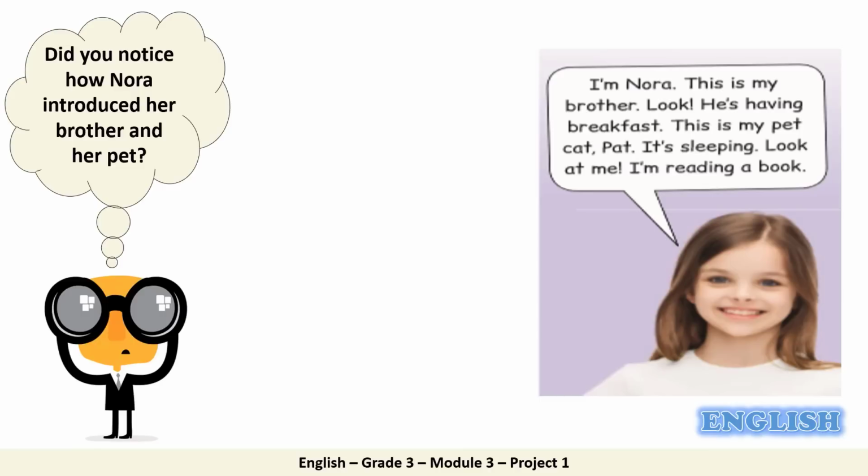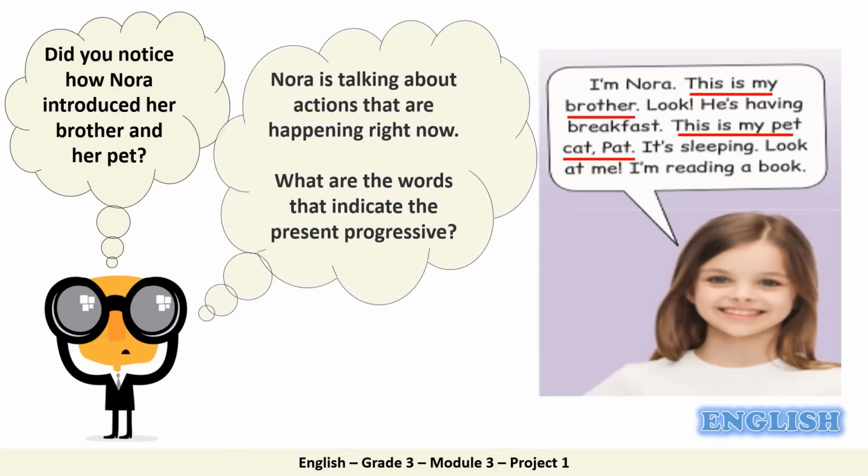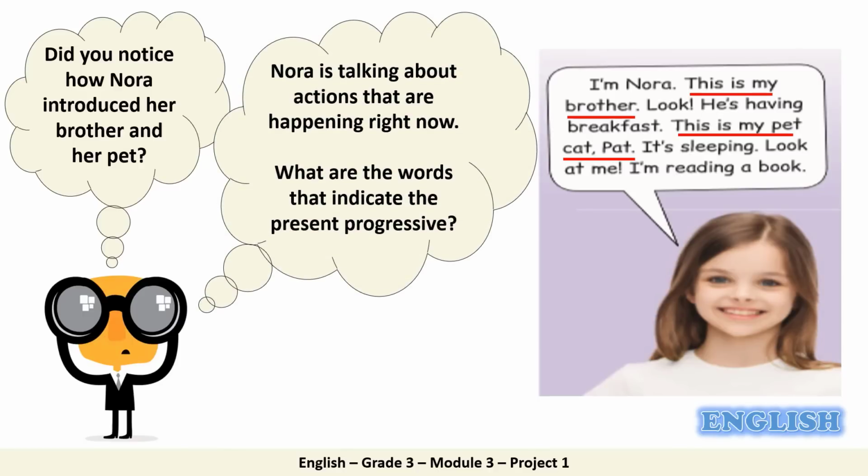Did you notice how Noura introduced her brother and her pet? Look at the paragraph. Excellent. By saying, this is my brother and this is my pet cat, Pat. Noura is talking about actions that are happening right now.